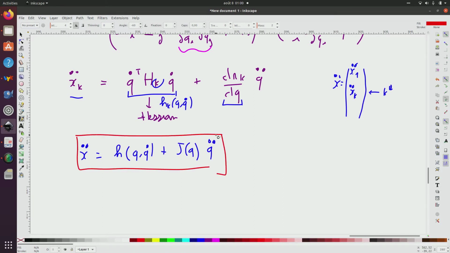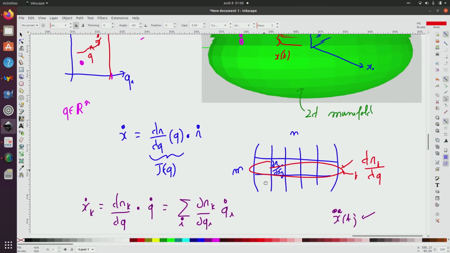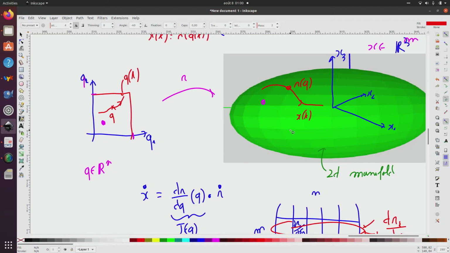X dot dot is given as an expression of q dot dot. This one, in our example, belongs to R2, or Rn in general, and this one to Rm, R3 in the previous picture. So it means that in this space, so let me come back here, in this space, I can choose the acceleration as I want. Q dot dot can be chosen as I want. I can make the trajectory I want here. But here, I have to stay on the manifold.